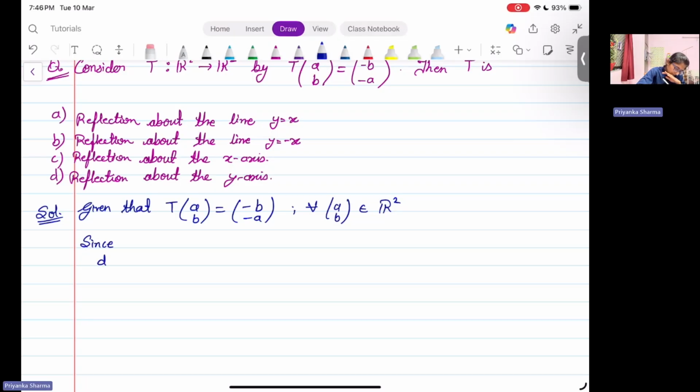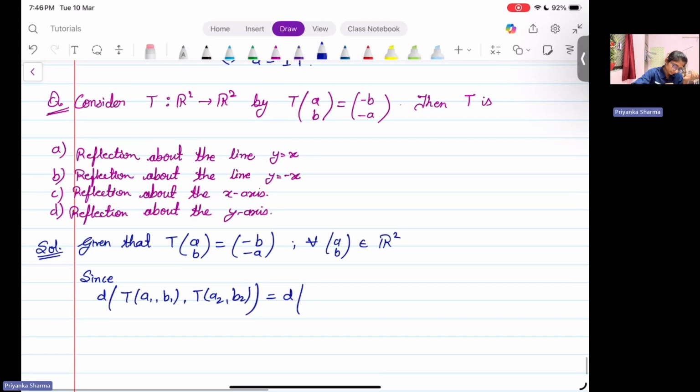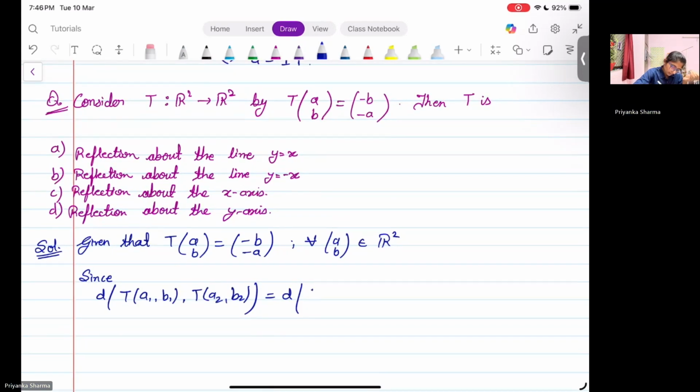Since the distance between T of (A1, B1) and T of (A2, B2), for any two elements (A1, B1) and (A2, B2) in R square, is the distance between (minus B1, minus A1) and (minus B2, minus A2).